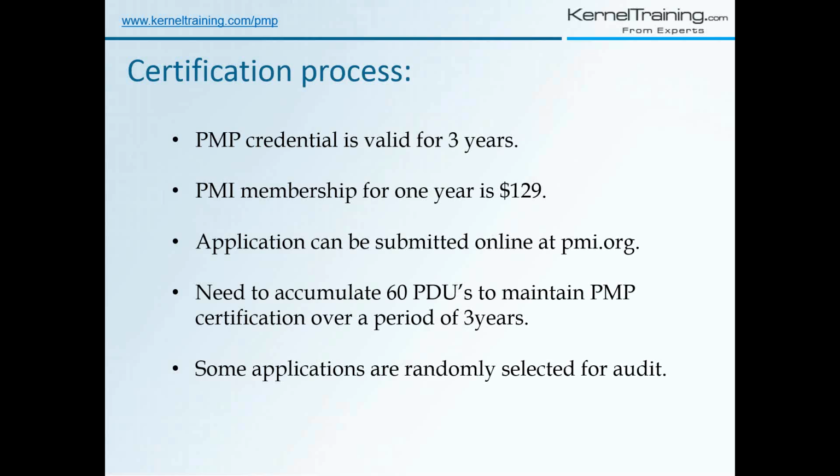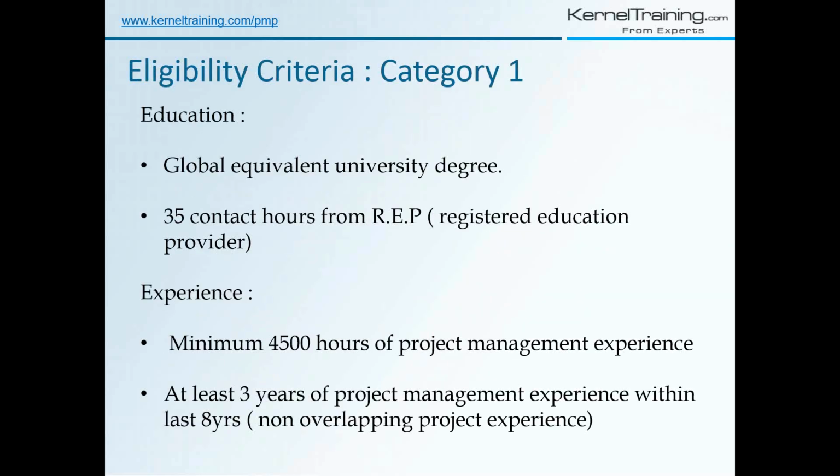Let's think, if you have a degree plus 35 contact hours plus 4,500 hours of project experience, you can show your project experience in the form. You need to divide your 4,500 hours of experience into all 5 process groups. What are those 5 process groups? I'm going to tell you later in this session only.